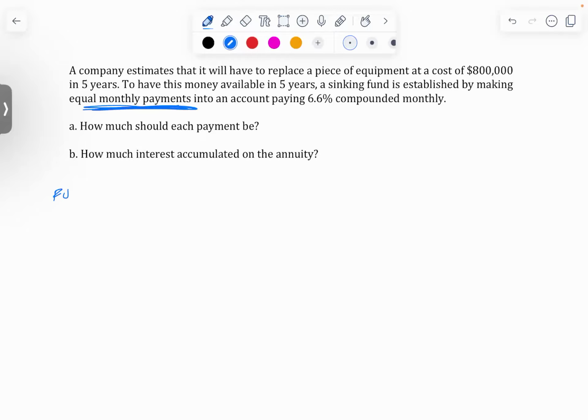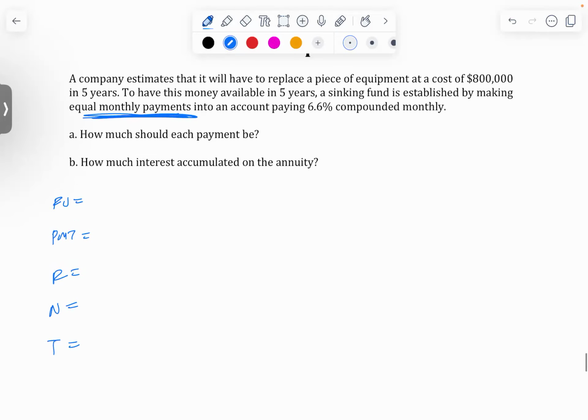So let's see what we have and let's see what we're looking for. Okay, we want to have a future value of $800,000. How much do the payments need to be?